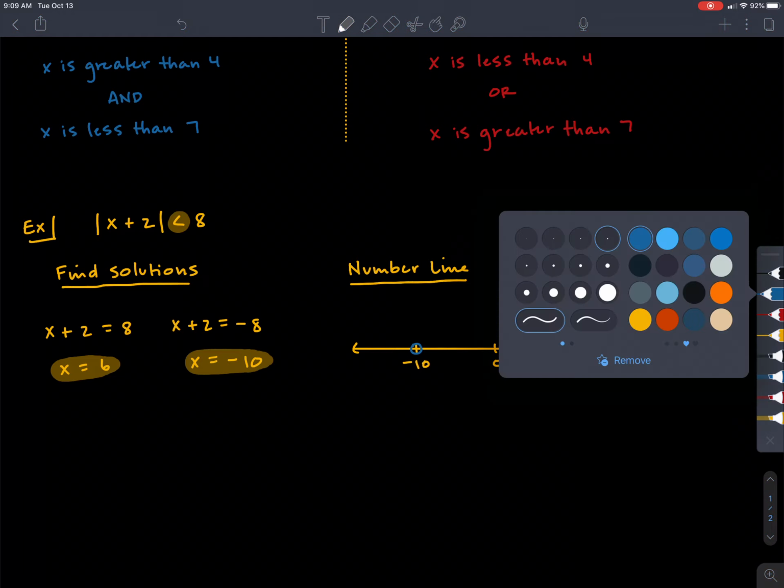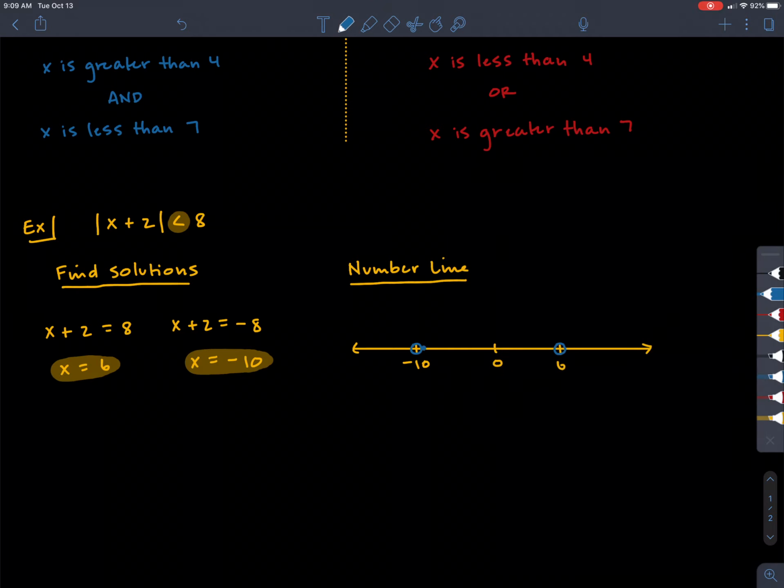And because it is a conjunction, my solution set is going to be in between -10 and 6. So my solution is a conjunction where x is greater than -10 and it's less than 6.